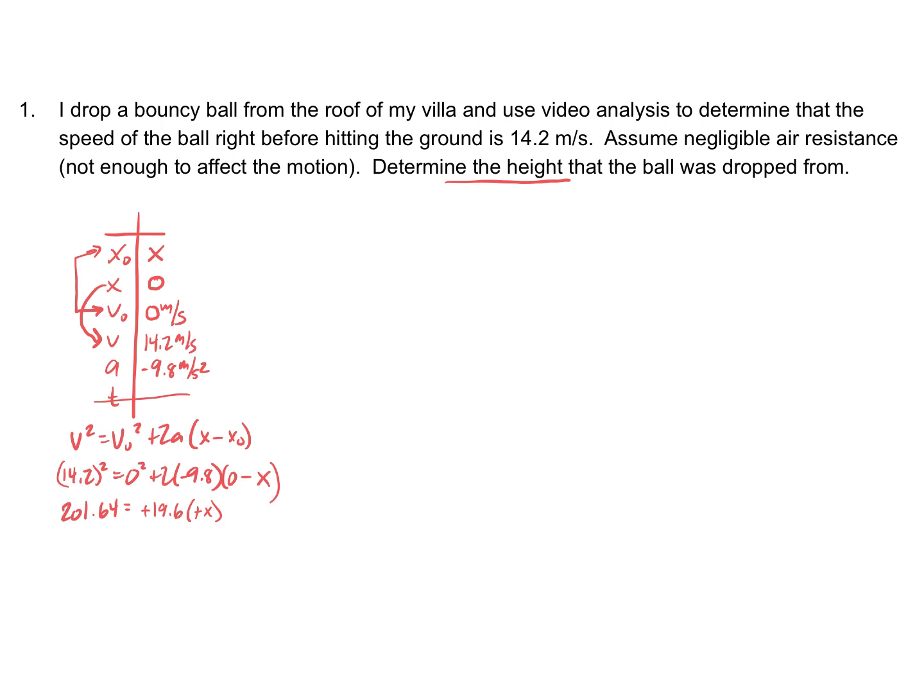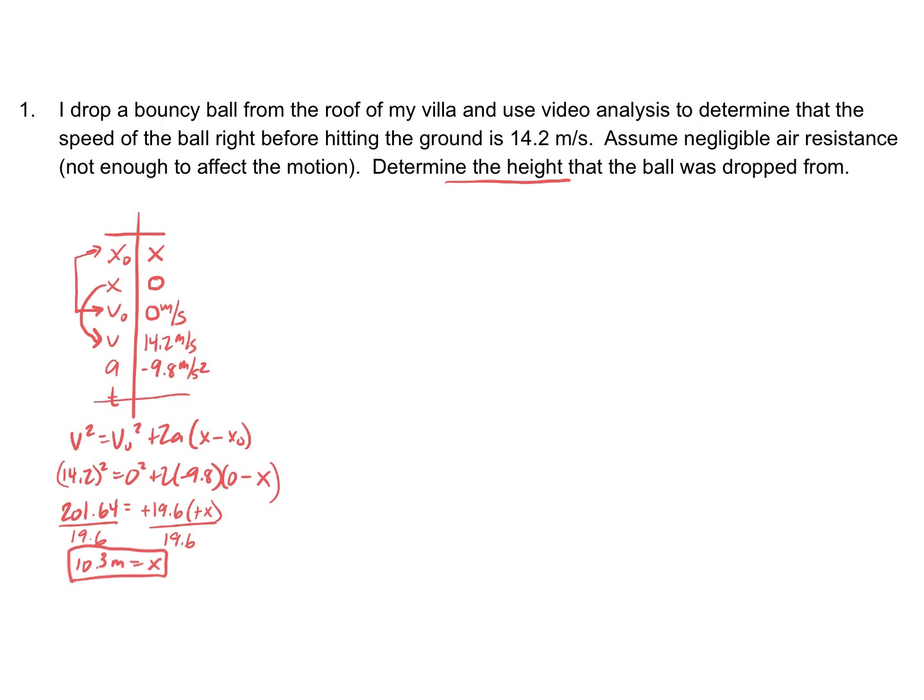Negative times negative is positive. And now to solve for x, I'm going to divide both sides by 19.6. And I get an answer of 10, I'm just rounding it, 10.3, which will be meters because I am solving for position there. So, ta-da, we got that the height is 10.3 meters.